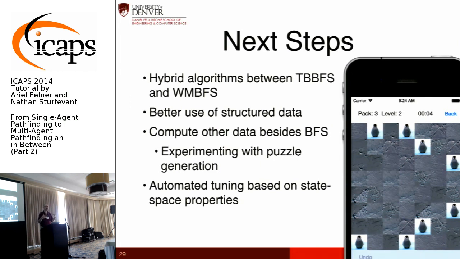But you need slightly different types of searches. So this is a little bit interesting to look at. And in the end, we'd love to have an automatic tuning of state space properties, to decide, well, should I be using the 2-bit or the write-minimizing or a hybrid in between? Or what levels should I be doing with the different techniques? There's ways that you could mix all of these together to come up with the absolutely best search at the end.